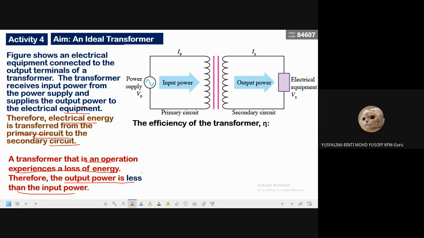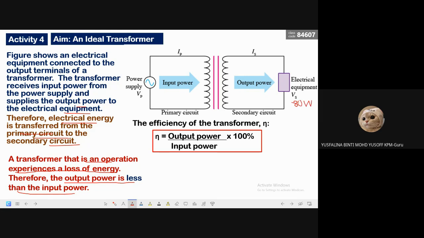So the efficiency of the transformer. How do we know what the efficiency is? Efficiency for the transformer depends on the power that is produced. Let's say for the bulb, the power of the bulb is 80 watt. But the input power, let's say for the power supply, let's say 120.